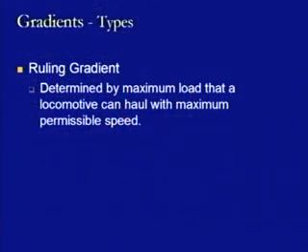So, it is determined by the maximum load that a locomotive can haul with maximum permissible speed. We are not interested in the reduction of the speed, we are not interested in the reduction of the total load which is to be carried, but at the same time the locomotive should be able to traverse that rise or fall with both the constraints.